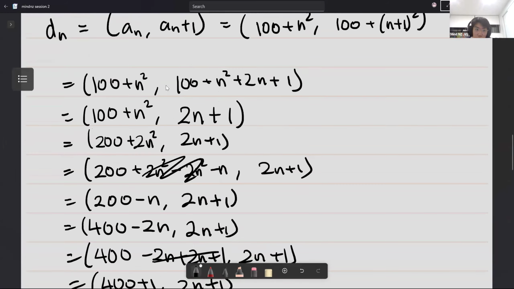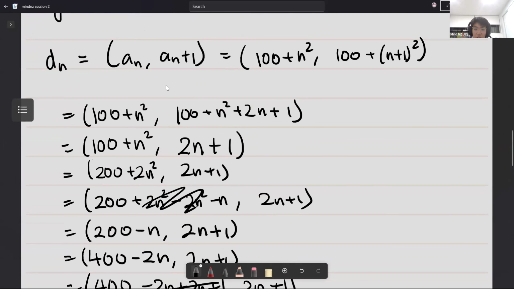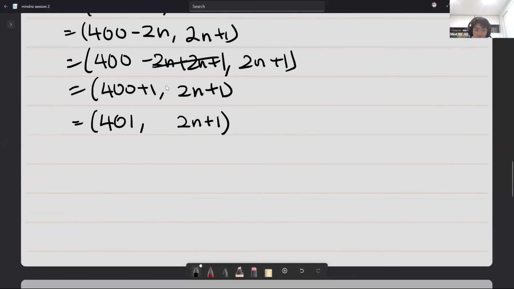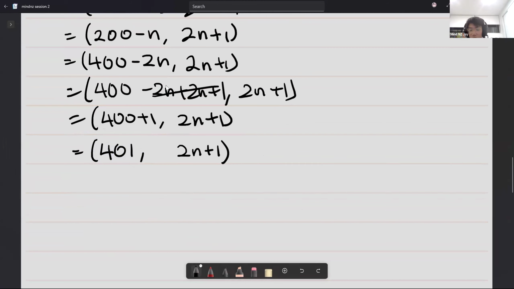Okay, now we can just leave it here because it's pretty nice. So we want to find the largest value of dn. And we know that dn is the greatest common factor between these two terms. So the biggest thing that dn can be is just this, right? Because you can't have a factor of a number which is more than the number itself, if it's positive.